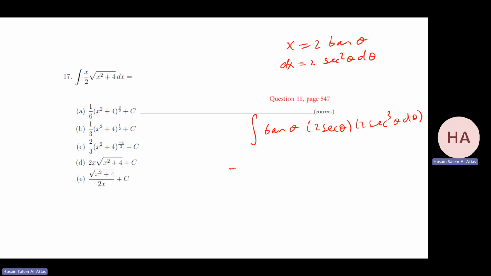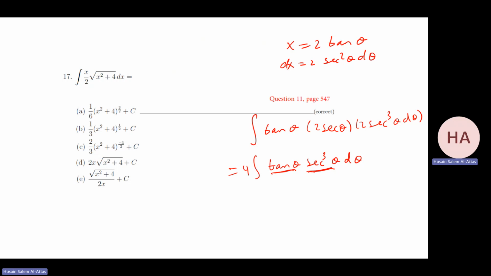That is what I have, 4 outside. Tan theta, secant cube theta. This is u, this is du. What is this? What I'm saying?